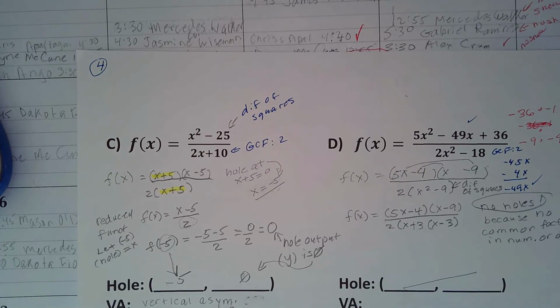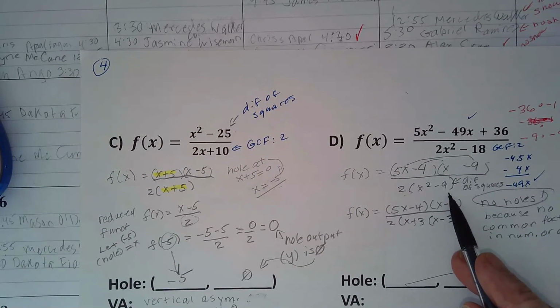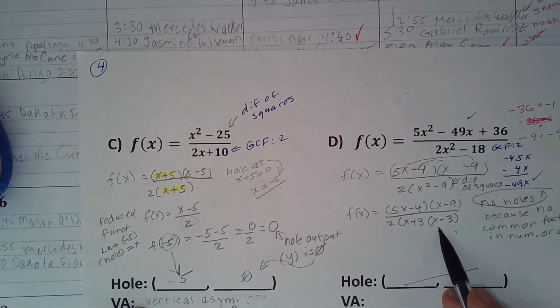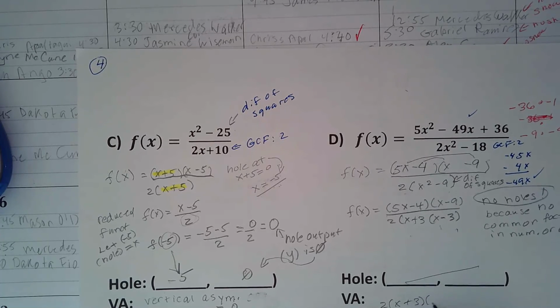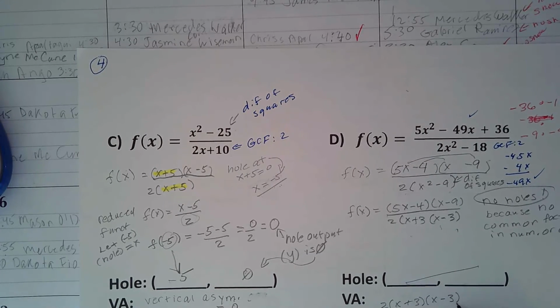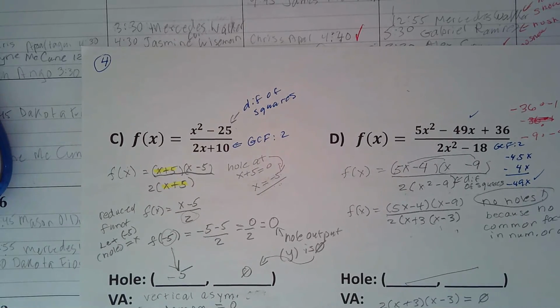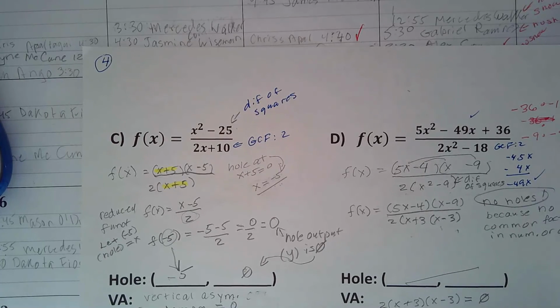And so then for the vertical asymptote, we take, again, the denominator. This is the fully factored denominator right here. We don't have a reduced function like we did over here where we had a hole. So we take 2 times x plus 3 times x minus 3 and set it equal to 0, because we want to find that vertical asymptote if it exists. So 2 equals 0 is obviously not going to work, so nothing there.